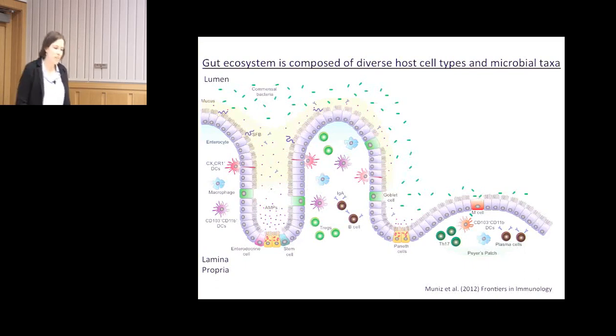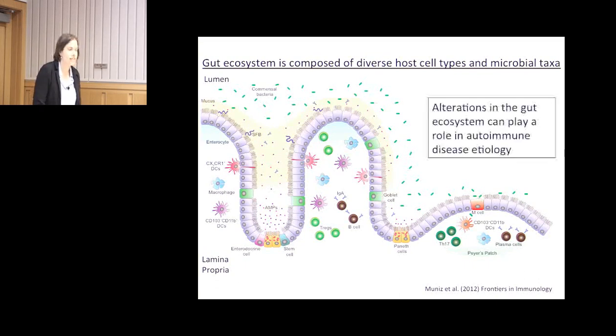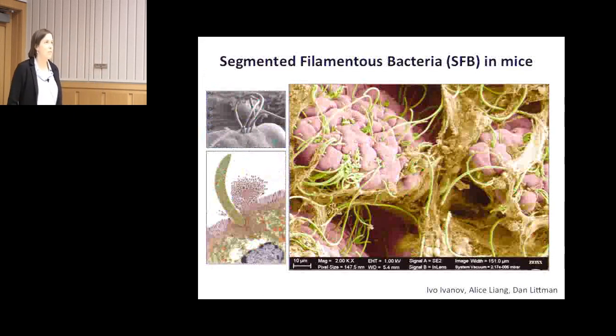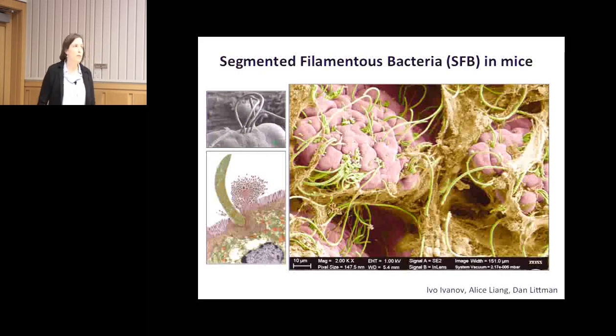And it turns out that alterations in this ecosystem can contribute to the development of autoimmune diseases. And so as a specific example, I'd like to introduce the microbe segmented filamentous bacterium, which I'll abbreviate as SFB. And it was discovered as one of the first examples of a commensal gut resident microbe that played a role in autoimmune disease.